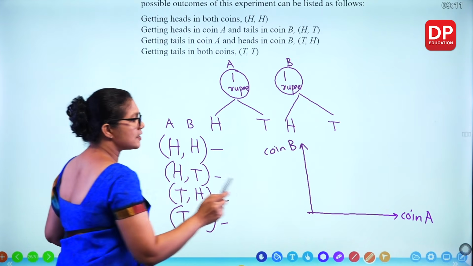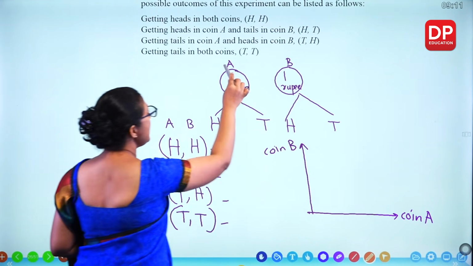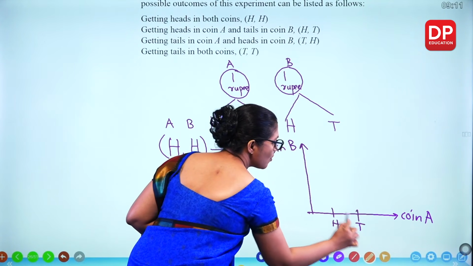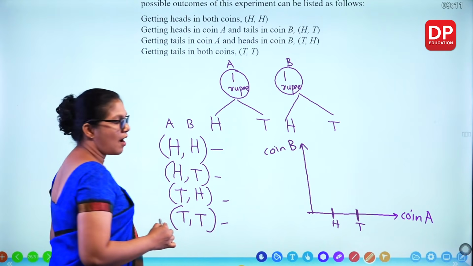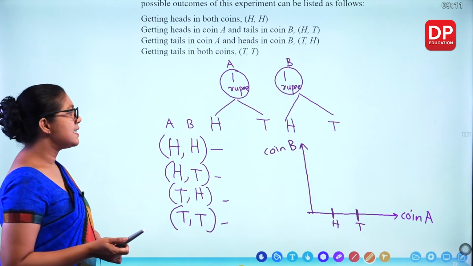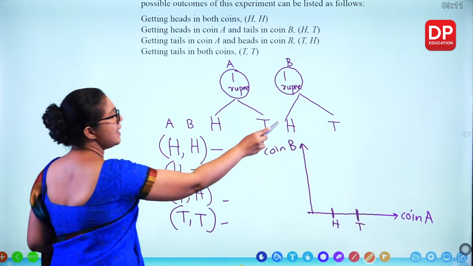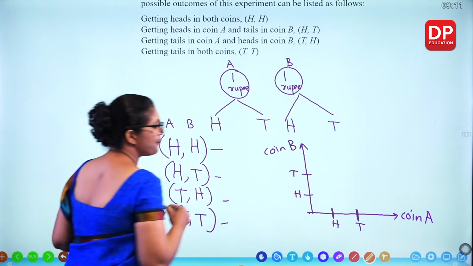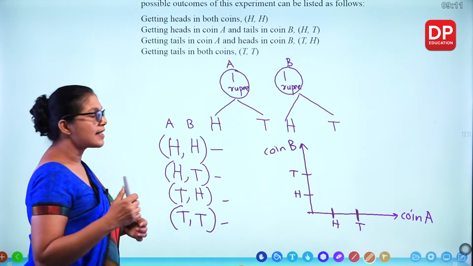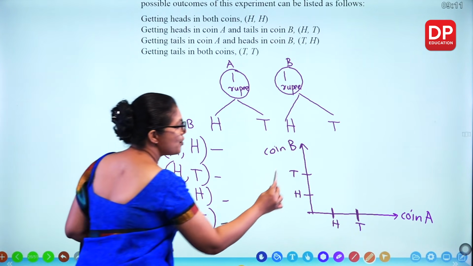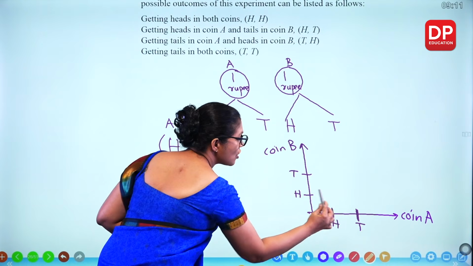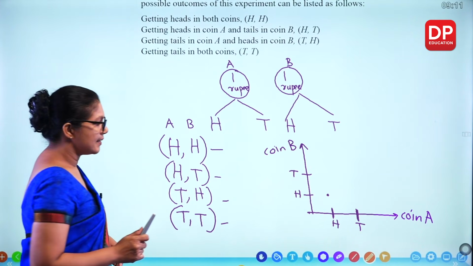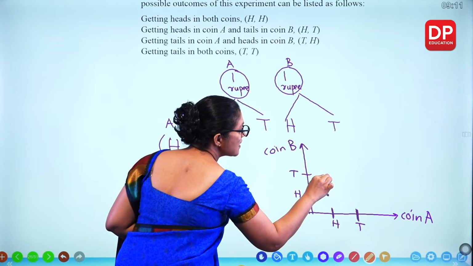Then what are the possible outcomes in coin A? I can get head or tail. So I can mark like that the possible outcomes. What are the possibilities in coin B? Again, head and tail. So I can write H and T. And how you get the combined outcomes? When you refer this diagram, H with H. So this means both heads. What is this means?